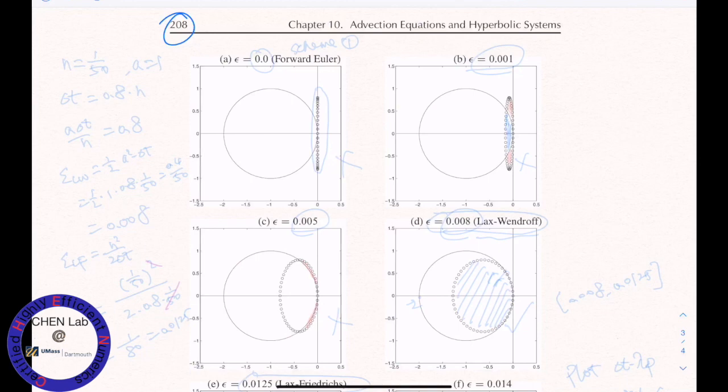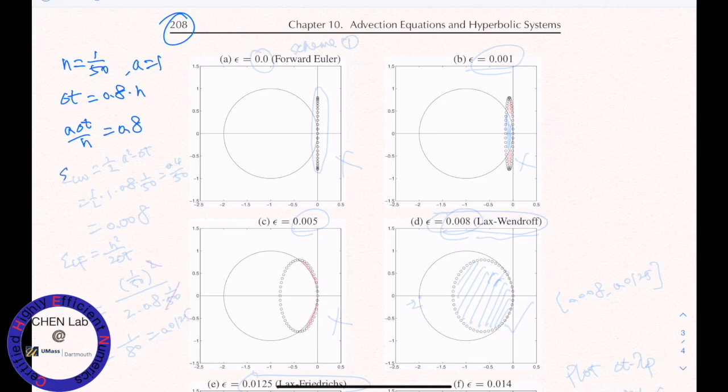So here the h is 1/50, all right, and the delta t is 0.8. A is 1, delta t is 0.8 times h. So this way that a delta t over h is equal to 0.8. Okay.